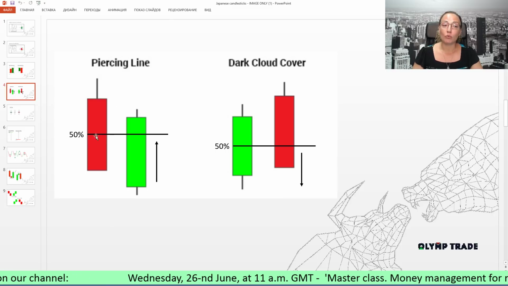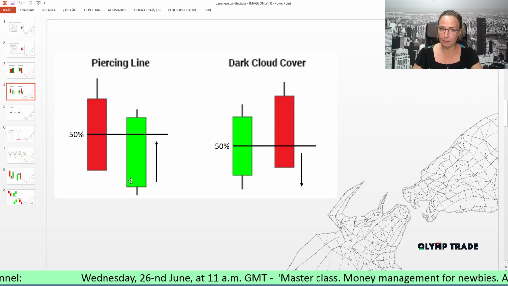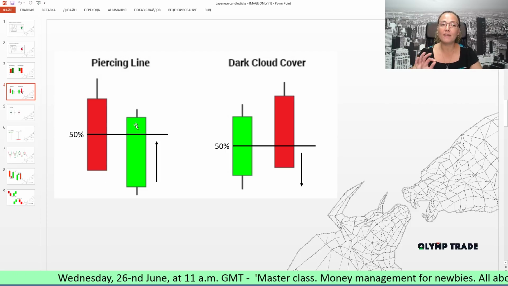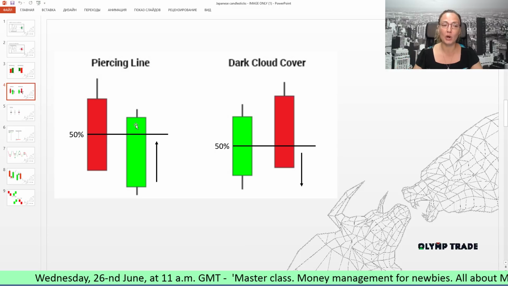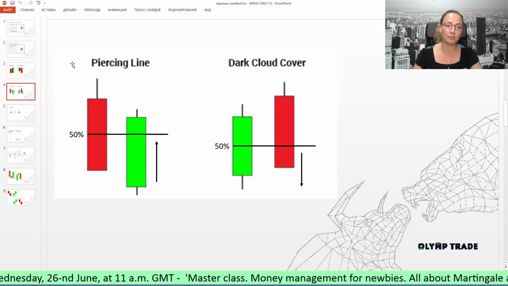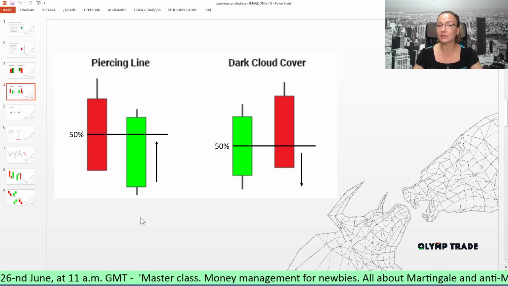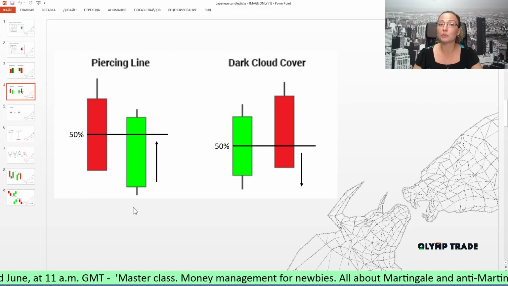We have a red bar followed by a green bar that opens below the red bar and closes above the midway point, so above 50% of the previous red candle. At the end of a downtrend as well, this would be a possible signal for a reversal to the upside.